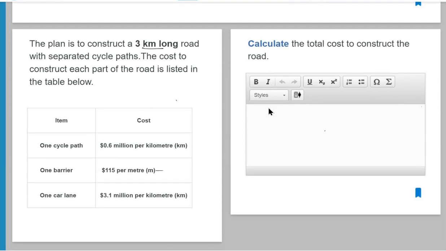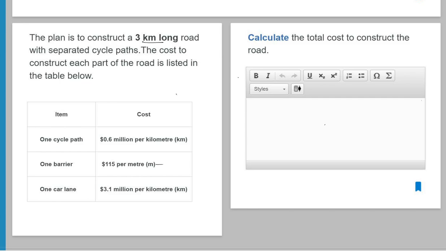So what's the first thing that we should do? 2 is supposed to be multiplied with 0.6. How did I arrive at this conclusion? I arrived at it from the value that has been given above. Okay, and this is $115 per meter. So 115 for 1 meter. For 1,000 meters, it's supposed to be multiplied.